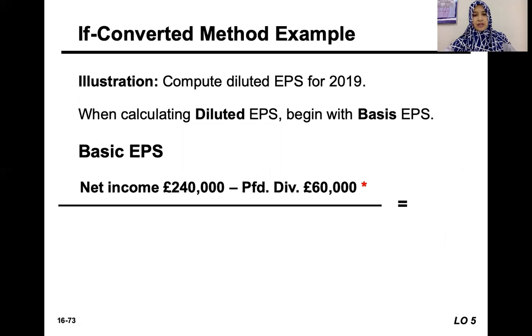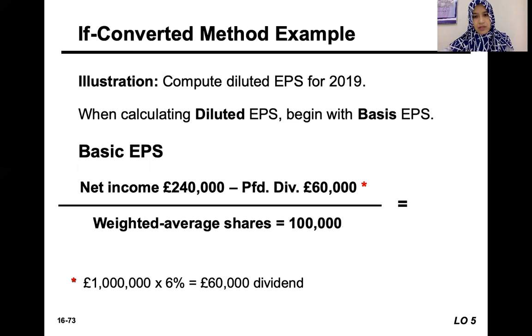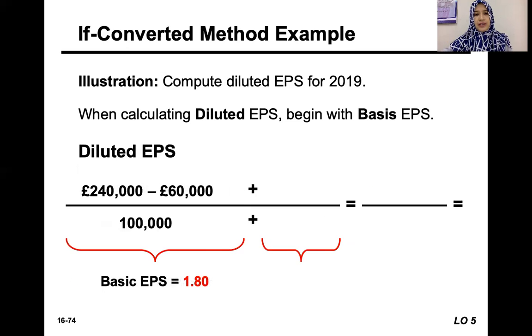Let's see the basic EPS first. We take net income minus preference dividend and we divide by the weighted average number of ordinary shares outstanding, which is 100,000. So we get the basic EPS of 1.8.